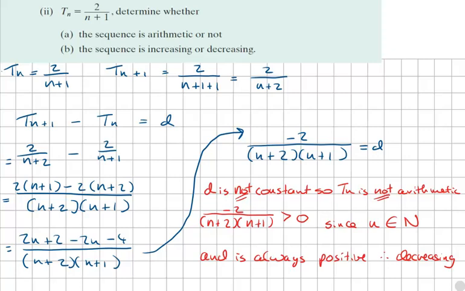And then minus 2 over n plus 2 times n plus 1 is going to be less than 0 no matter what, because n is an element of the natural number set. So whatever you sub in place of n, you're always going to get a negative number. n represents the amount of terms, or the number of terms, and that must always be a positive whole number because you're talking about an amount of something.